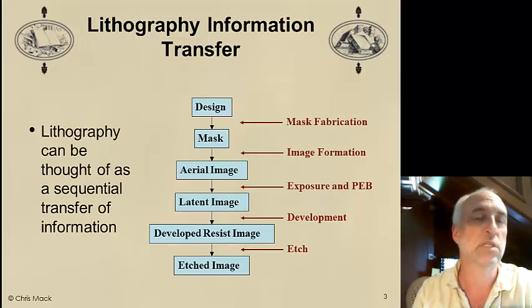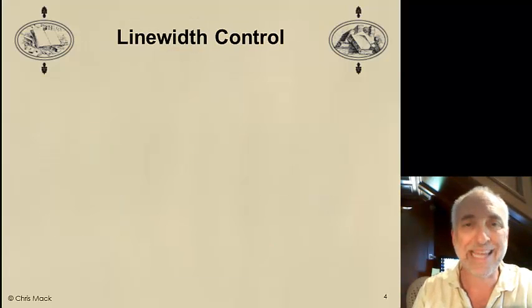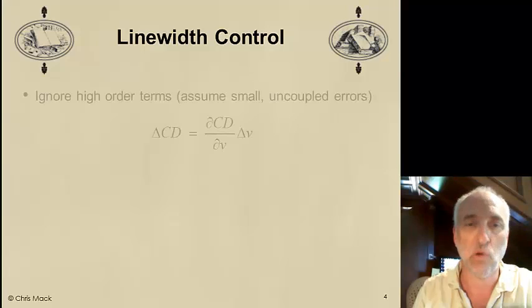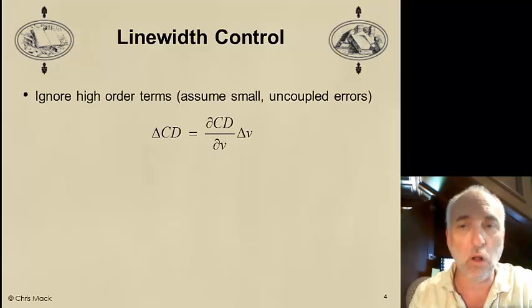What information is contained in the aerial image? Well, to do that, I'm going to relate the aerial image to linewidth control. As we saw last time, we can ignore higher order terms and assume small, uncoupled, independent errors in some process variable V, and we can say that the uncertainty in the CD, the distribution of CDs, is equal to the error in the process variable multiplied by the sensitivity of CD to that variable.